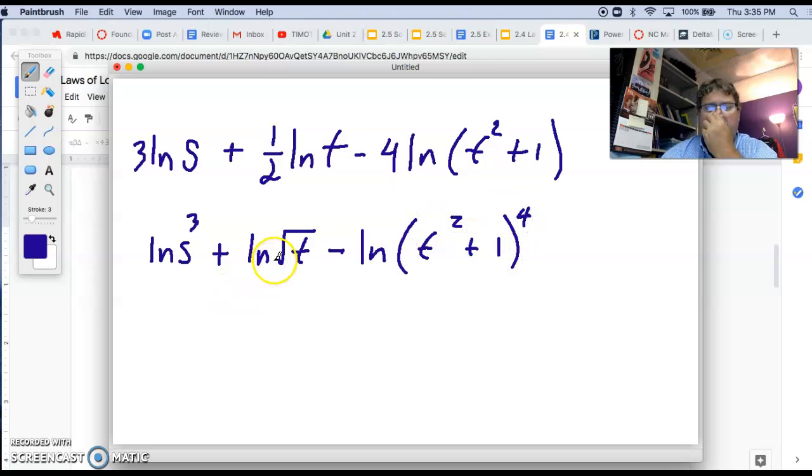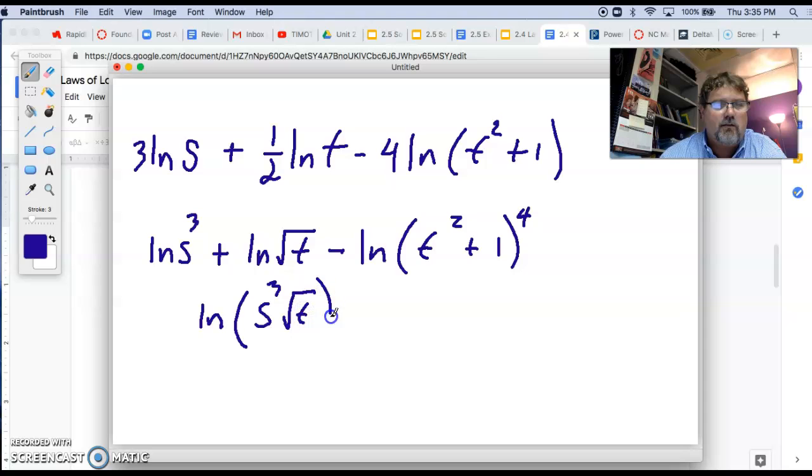Now it's time to work on this. This is a product, and it's divided by this number right here. So what we want to do is write it as the natural log of s cubed root t minus natural log (t squared plus 1) to the 4th.